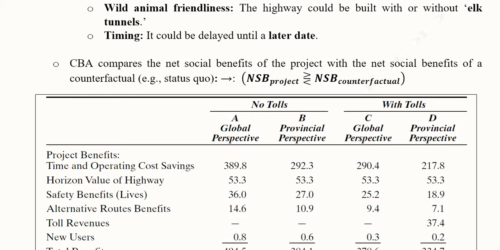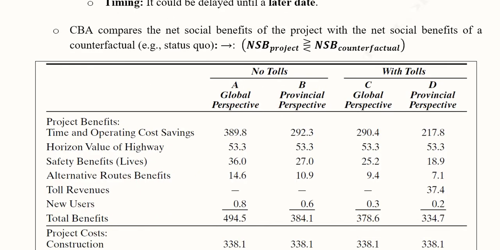Here we are assuming that the project is either undertaken or not undertaken. If the project is undertaken and the NSB is greater than the NSB of the counterfactual or the status quo, then the project should be undertaken. But if the NSB of the counterfactual or the status quo is greater, then we should not undertake the project.